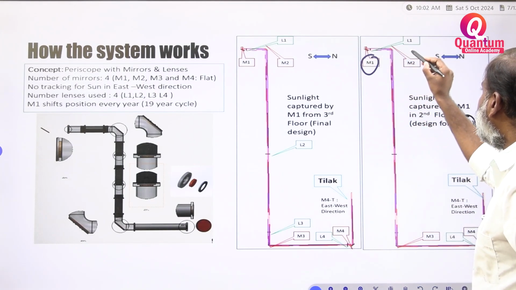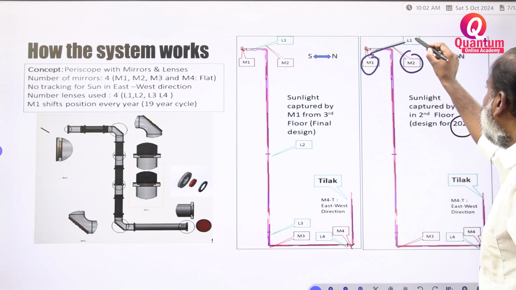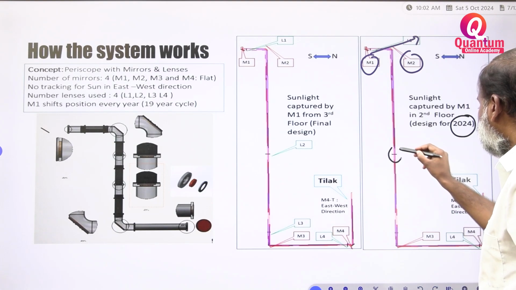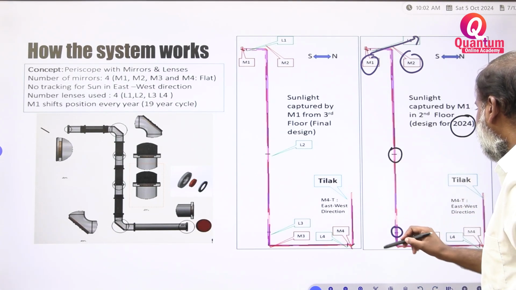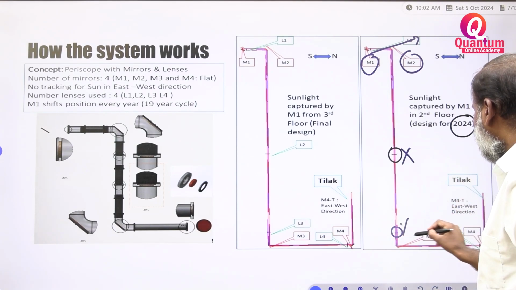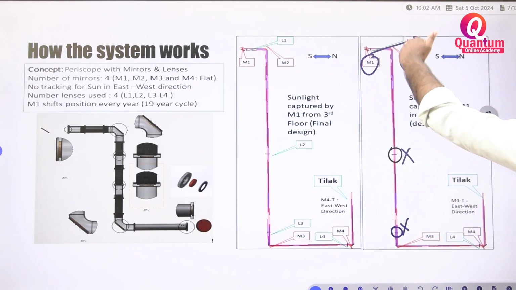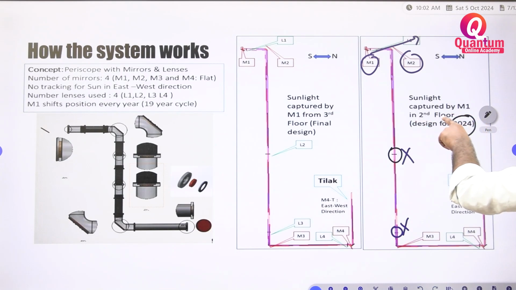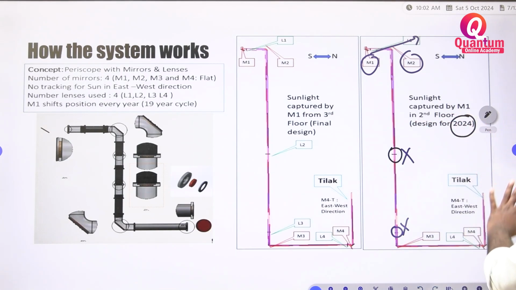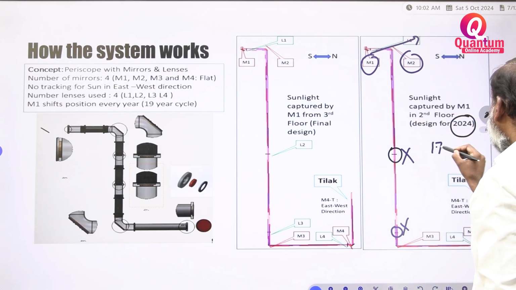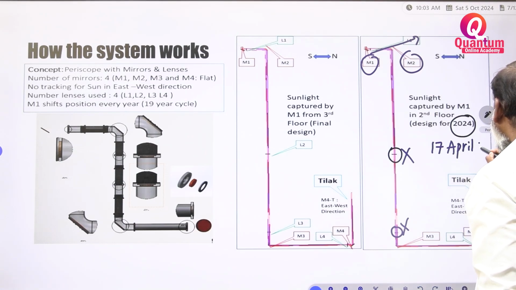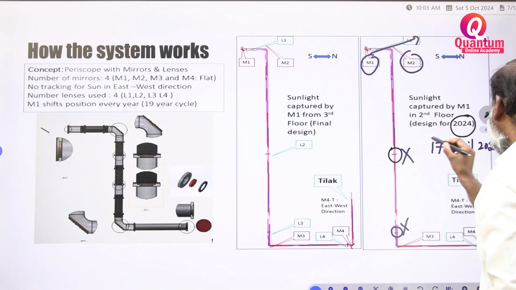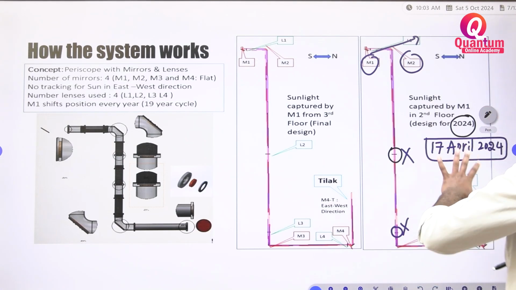Mirror 1 here, mirror 2 here, lens 1 we have to keep here; lens 2 and lens 3 are not there, because our building is on the 2nd floor only. Sunlight was captured by M1 on the 2nd floor only in 2024, on April 17th, 2024, when they did this project.